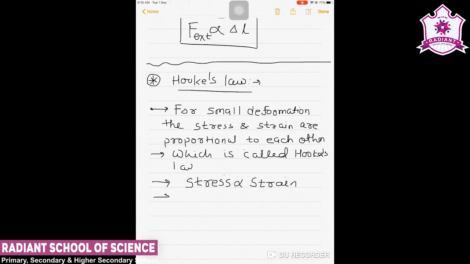If we remove the proportionality sign, we can say that stress is equal to a constant times strain. Here K is the proportionality constant, and it is known as the modulus of elasticity.